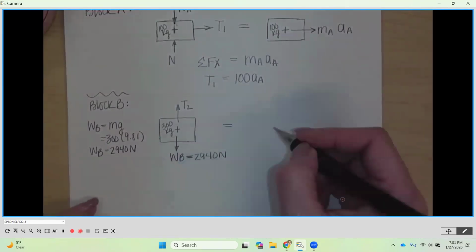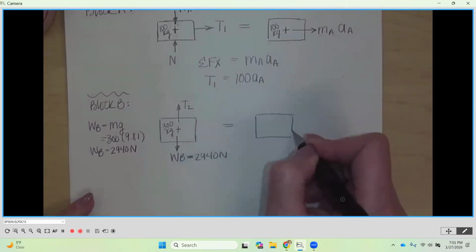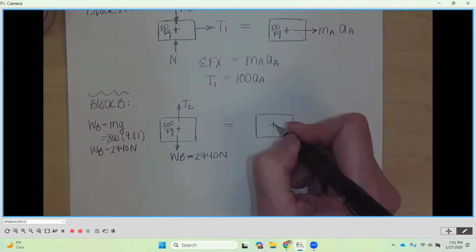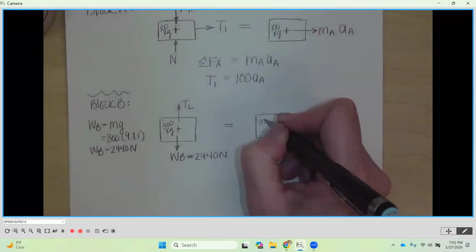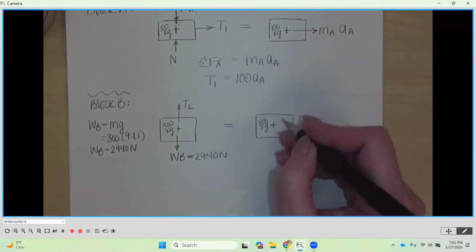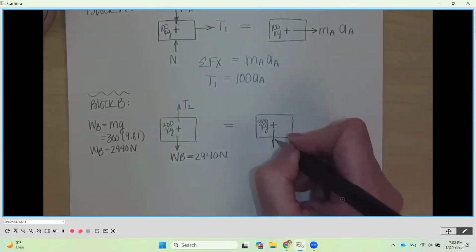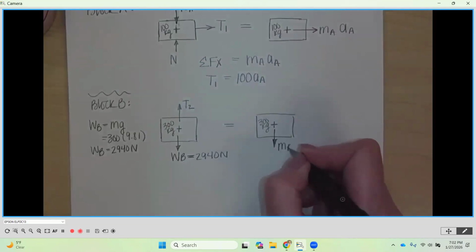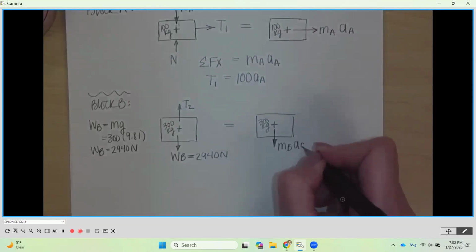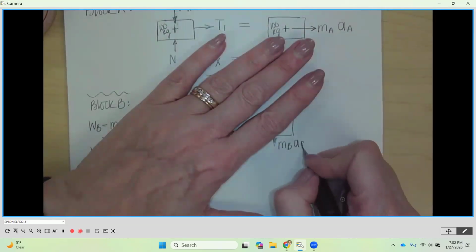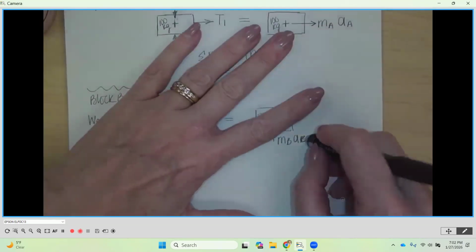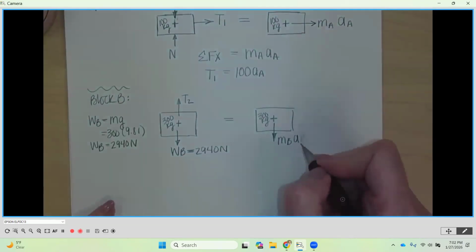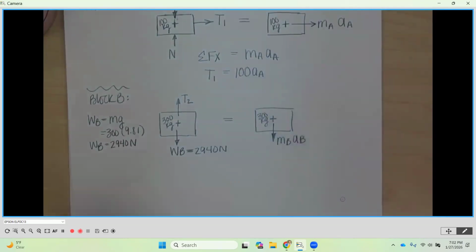Then we're going to set that equal to the same block, and here's its center of gravity, 300 kilograms. And we know that the mass of B times the acceleration of B is going to be going down.